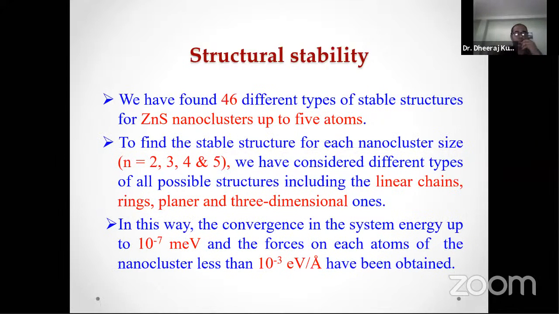So all these are a total of 46 different types of stable structures of zinc sulfide up to 5 atoms, and we have taken different types of structures including linear chains, planes or 3-dimensional structures for obtaining the stable structure. In this way, the system energy is converged to 10 to the power minus 7 milli electron volt, and forces on each atom are considered up to 10 to the power minus 3 electron volt per angstrom. Next slide, ma'am.